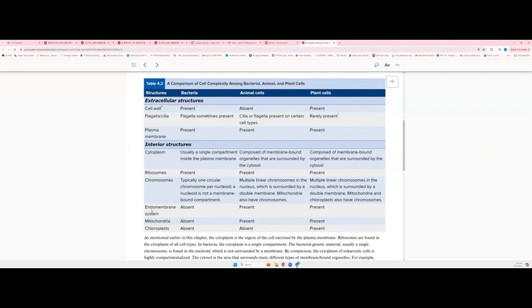For bacteria, there is only one cellular chromosome. Bacteria only have one chromosome, and it is circular. But animal cells have multiple linear chromosomes. The shape of the chromosome is linear, and they have more than one chromosome in the nucleus.